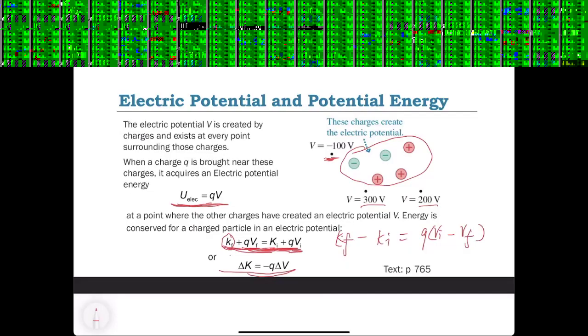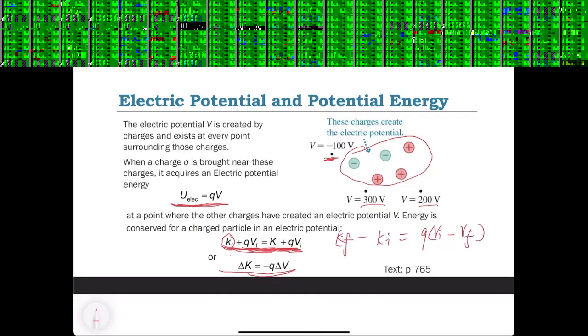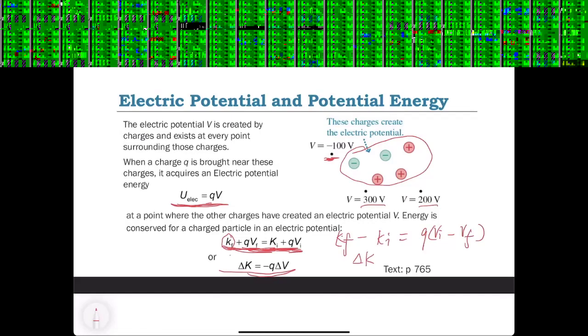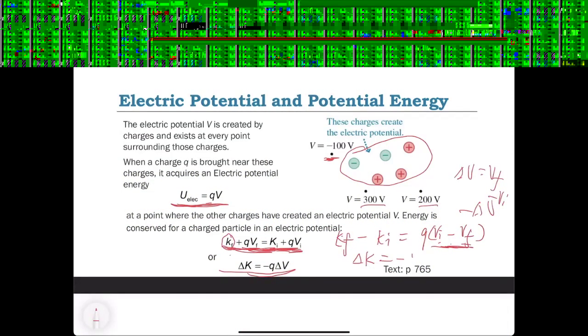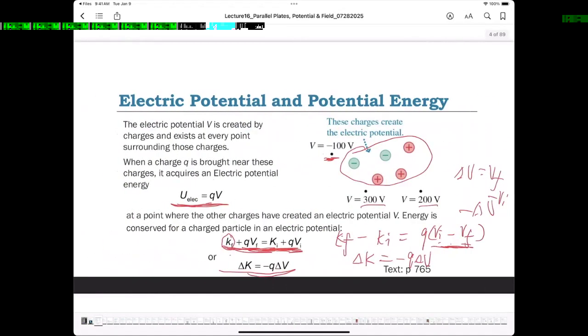Kf minus Ki, the final kinetic energy minus the initial kinetic energy, is delta K. Then Vi minus Vf is negative delta V, because delta V equals Vf minus Vi, but here it is Vi minus Vf. So it is negative q delta V. Does that make sense to you? This is how to calculate and represent electric potential and electric potential energy.